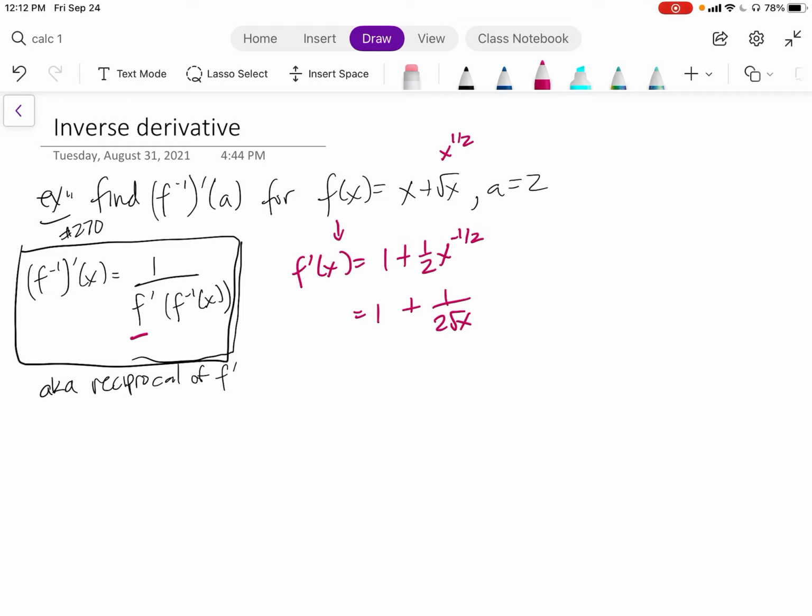Okay, the confusing part, I think, is that with inverses, we're so used to substituting a in for x. But with the inverse, this a value is actually y.